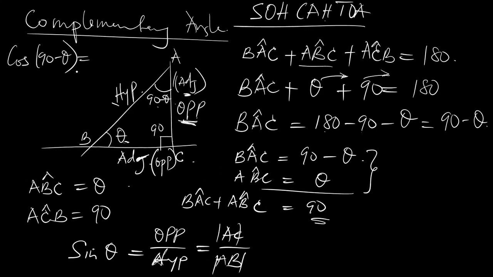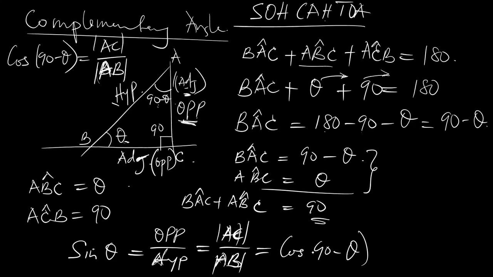Now, for this, the adjacent of this angle is this, which is still AC all over AB. So when you look at this one and this one, you see they are the same. So that means sine theta is equal to cos 90 minus theta.